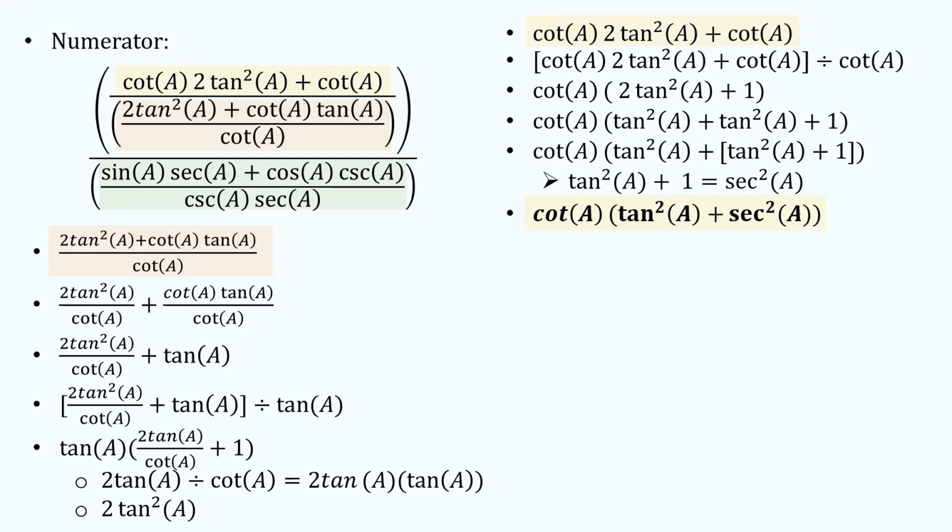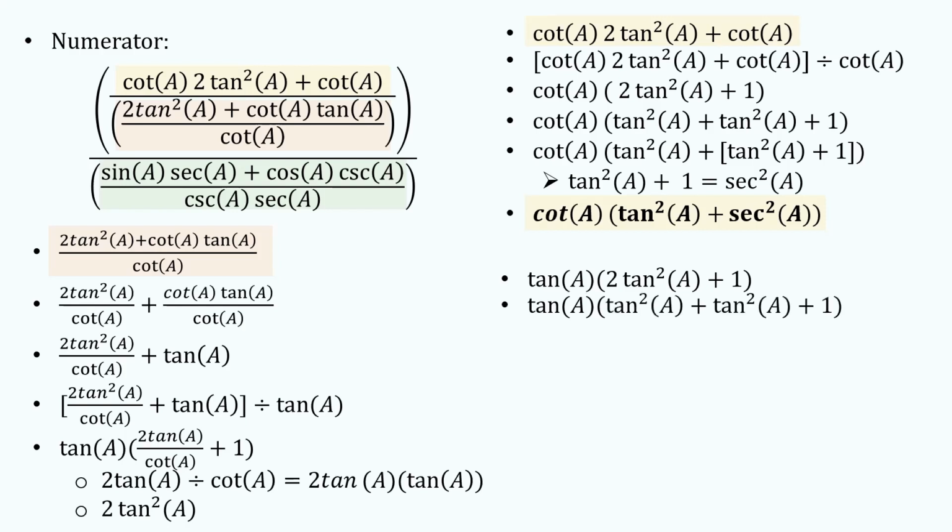Upon seeing this, we can simplify the expression further into tangent of A times 2 of the square root of tangent of A plus 1. Like what we did in the yellow strip, we can still expand the 2 expression in the square of the tangent of A. We can make it the tangent of A times the square of tangent of A plus the square of tangent of A plus 1.